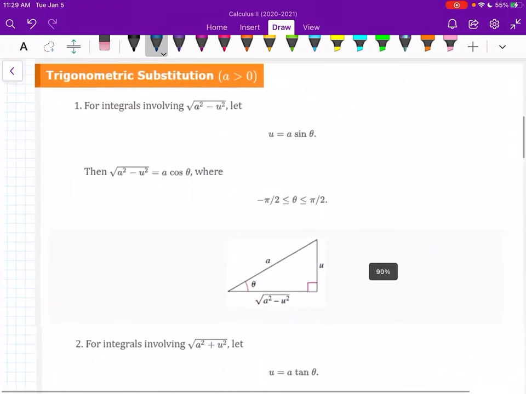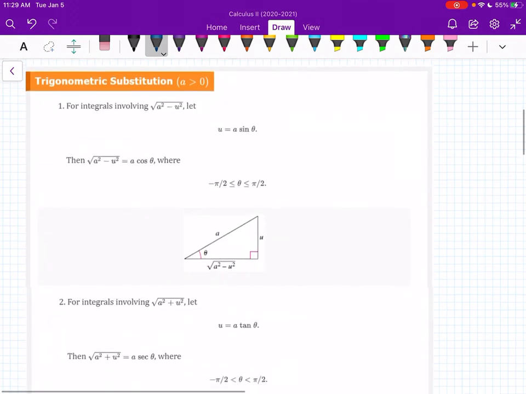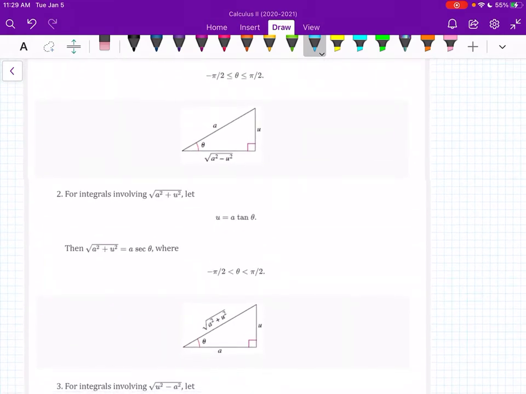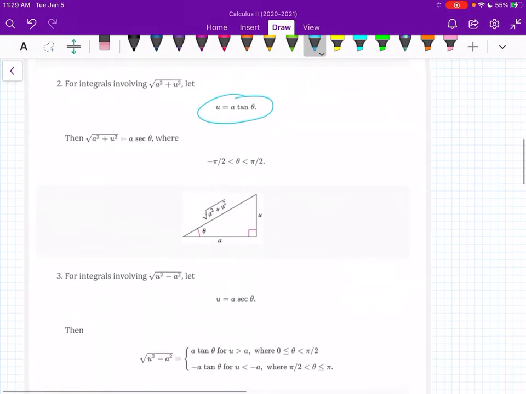Here is a table that can help you with your trig substitution. If we have the square root of a squared minus u squared, then your trig substitution is letting u equal a sine theta like I did above. If we have a squared plus u squared, then we're going to let u equal a tangent of theta.